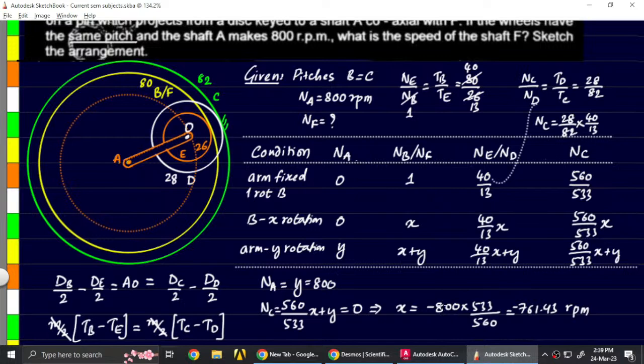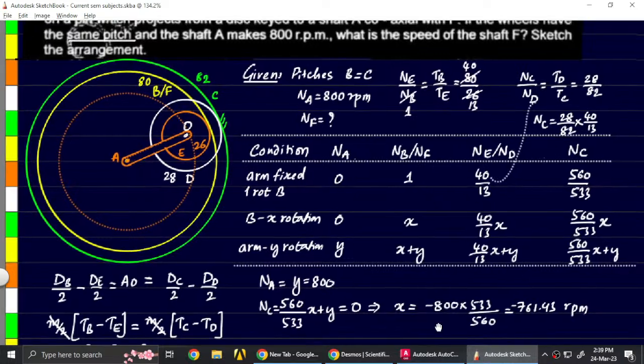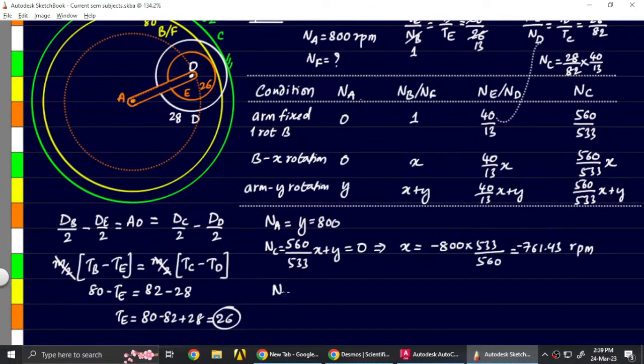Okay, so we have been asked to find the speed of F. F means we have to find the value of X plus Y. So NF will be equal to X plus Y, X being minus 761.43 plus Y being this much.